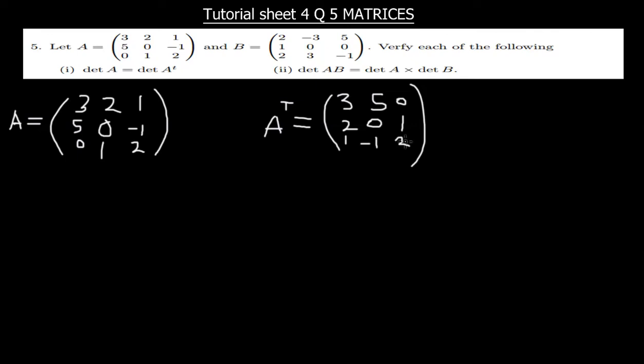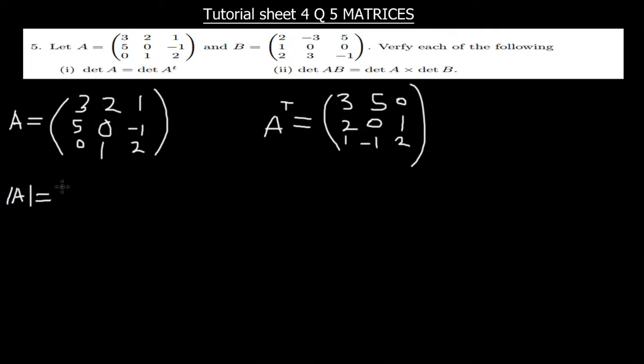So now let us start finding the determinants. So let's first start by finding the determinant of A. So the determinant of A, remember what we were doing in the previous question 4.